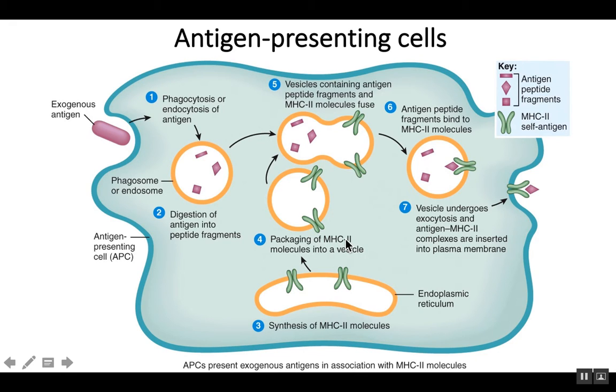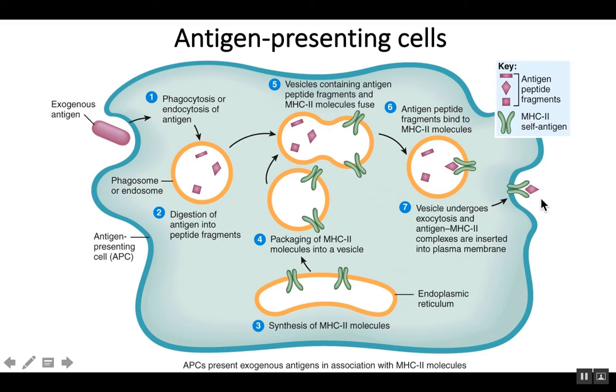We'll see MHC1 in a minute. MHC2 molecules are proteins that antigen-presenting cells have that can grab a little piece, a little protein, or a little fragment of a protein from that bacterium or virus and present it on the outside, kind of show it.